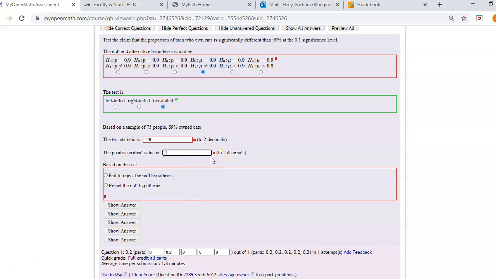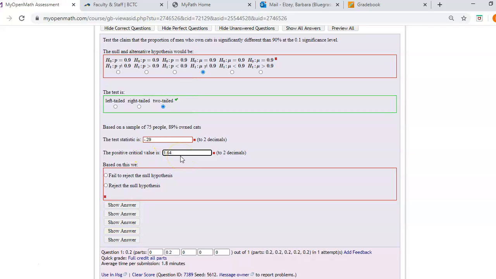So negative 1.64. Now, if we think about our number line and it being a two-tailed test, it's going to be in the rejection region if it's either to the left of negative 1.64. Oh, and it said to the positive critical value, so let's take that negative off of there. So 1.64.